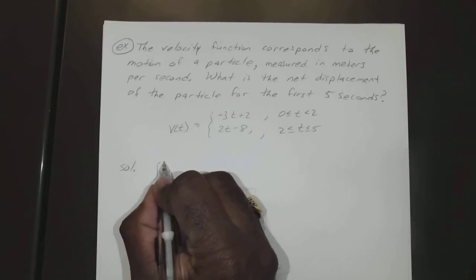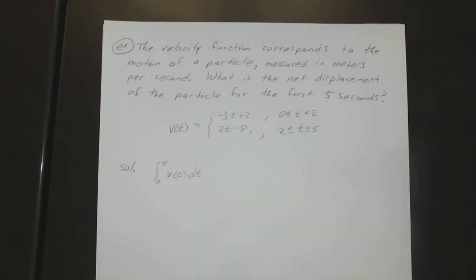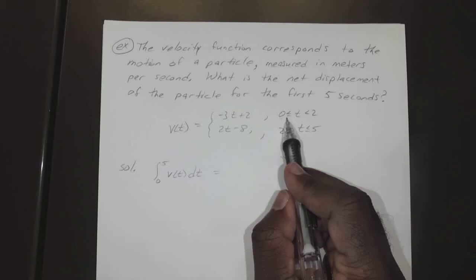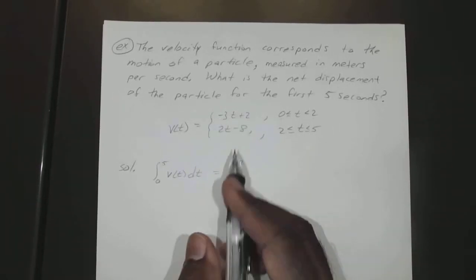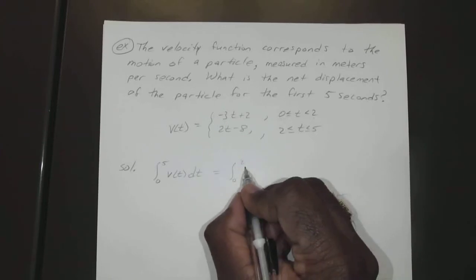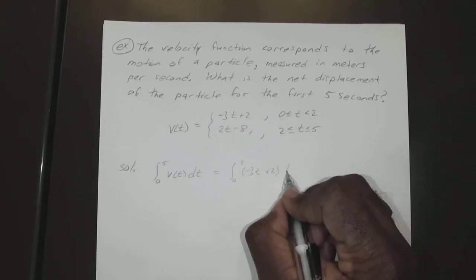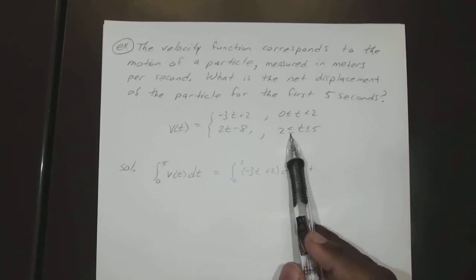Okay, so the integral 0 to 5 of v of t with respect to t is just going to equal, we have this interval from 0 to 2, and from 0 to 2 it's negative 3t plus 2 with respect to t, plus the integral from 2 to 5.